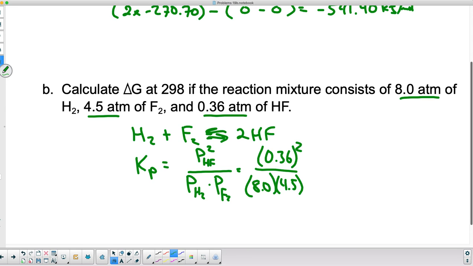So what is that value? Let me grab my calculator and plug this in. 0.36 squared divided by 8 divided by 4.5 equals 0.0036. So the Kp is equal to 0.0036.